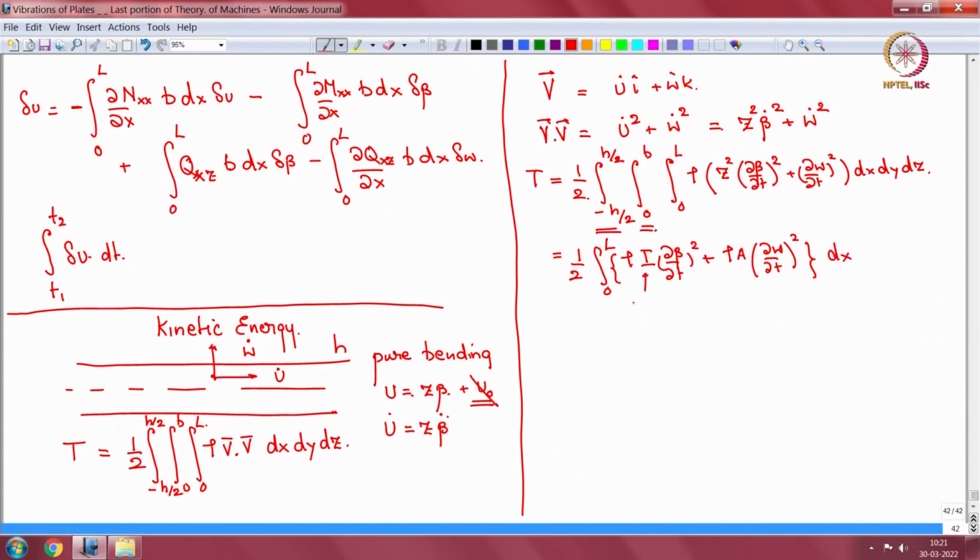This is of the form bh cube by 12. This is bh, the area.